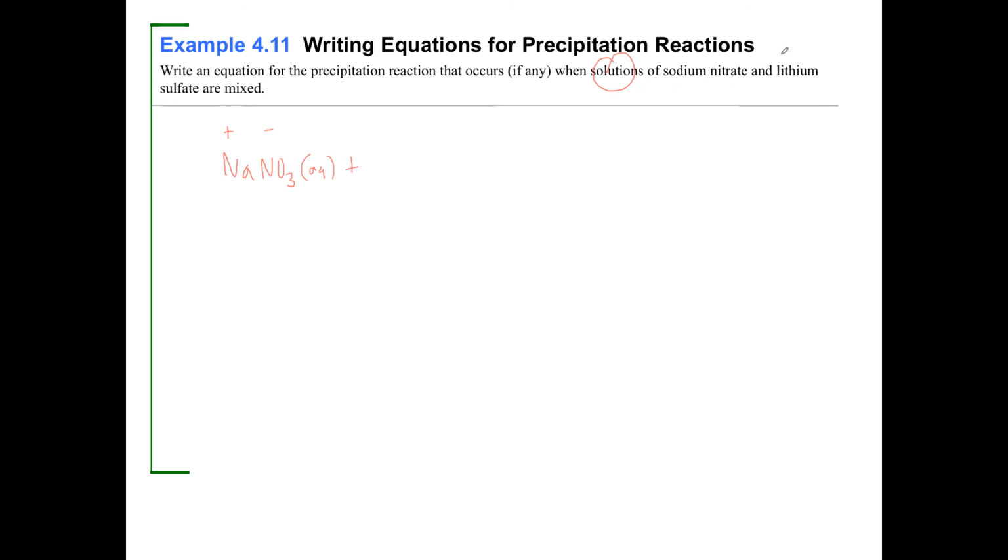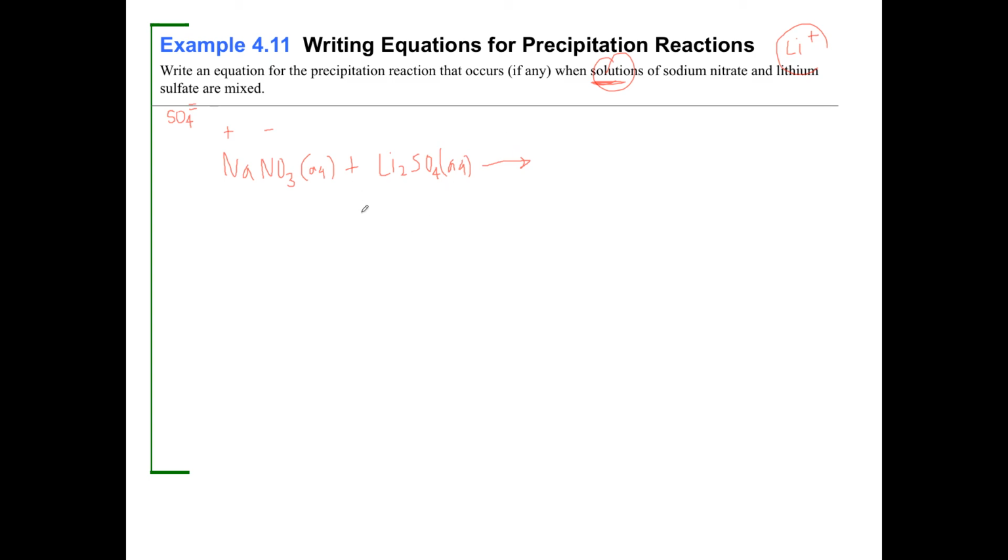Lithium is +1 because it's in group 1. And sulfate, I have to look this up in table 3.4, and it's SO4 2-. So if we have 1 plus and 2 minus, it's just lithium sulfate, Li2SO4. And we know it's aqueous because it's a solution.